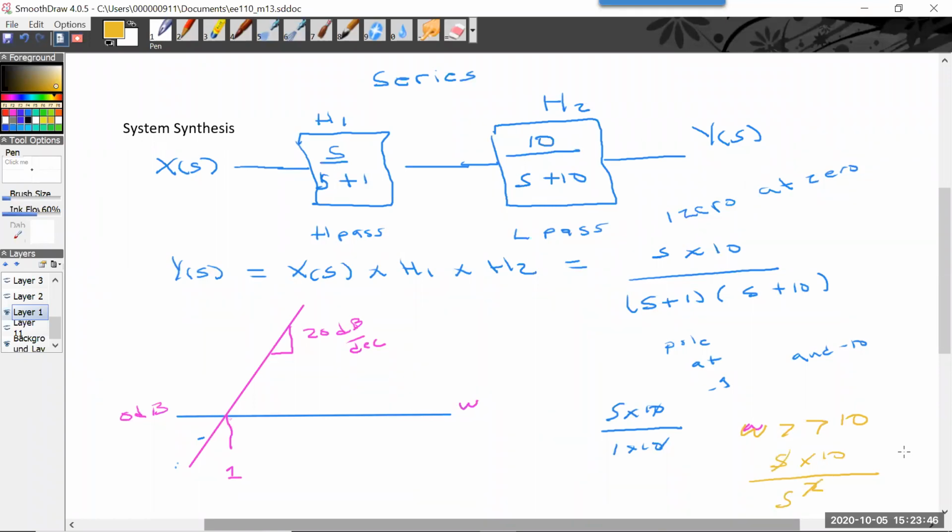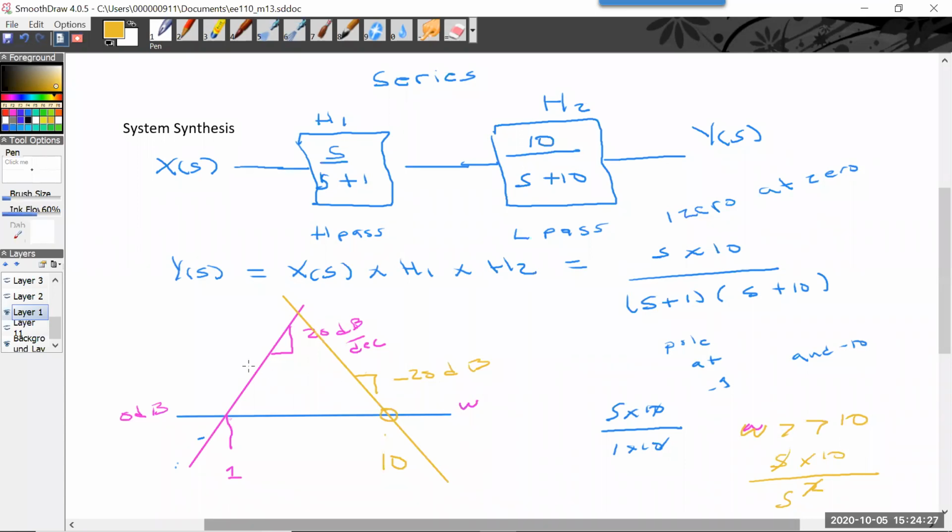We're left with 10 over S, and we're going to have a line going down at 20 dB per decade, except it will equal 0 dB at 10.